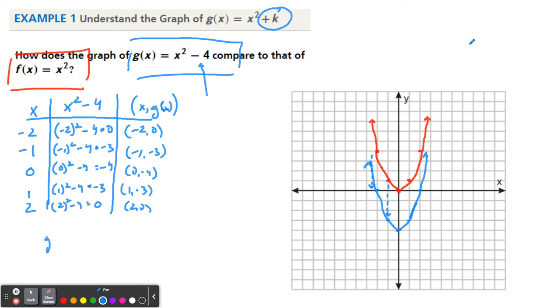So g of x is f of x translated down 4 units. I'm going to use the word translated because that's what they like.